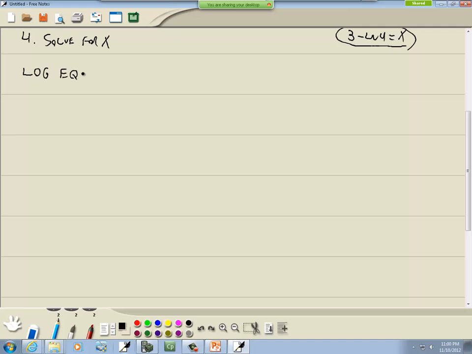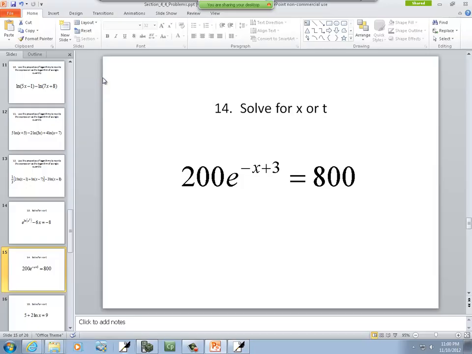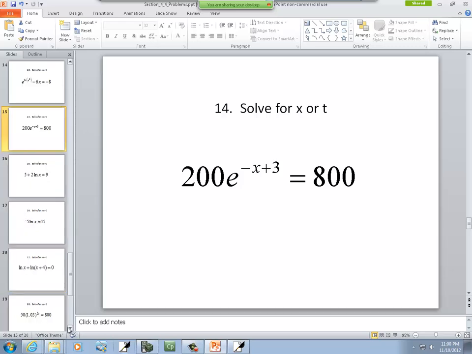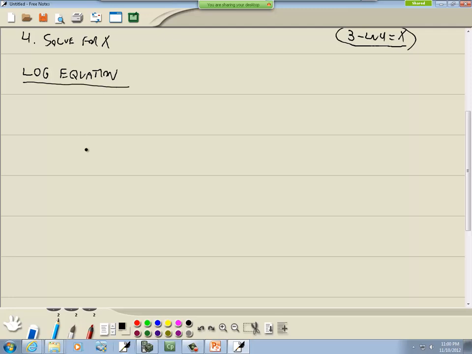The next one is a log equation. I think I have some more exponential equations mixed down below, but this next one anyway is a log equation. And our first step, get everything with a log on one side, everything else on the other side.